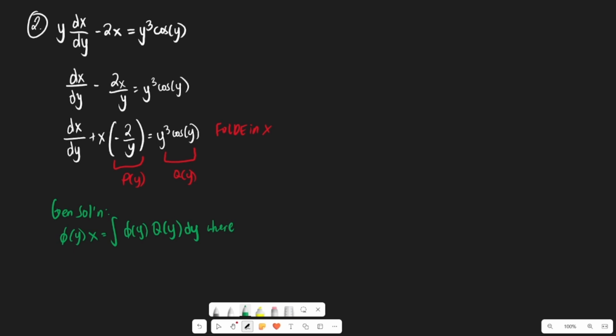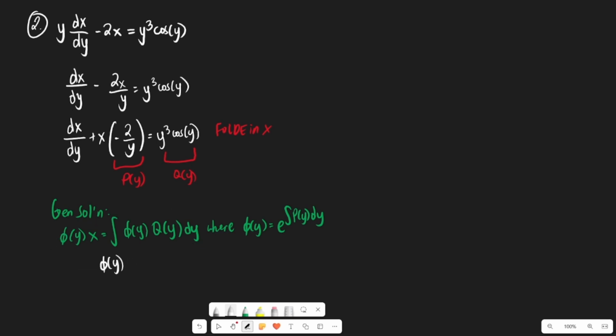where phi of y is equal to e raised to the integral of p of y dy. Now, we have to solve first for phi of y in order to complete what we need in this formula.